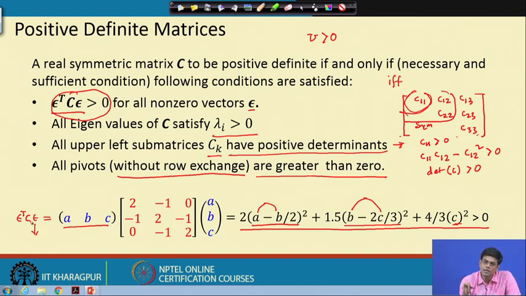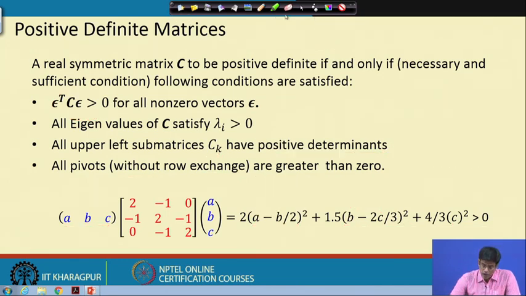This will be greater than 0 only if C is a positive definite matrix. Only then can this be satisfied. Otherwise, if C is not a positive definite matrix, we cannot ensure that the strain energy density is greater than 0. So, based on these criteria we will derive the restriction on the material constants.